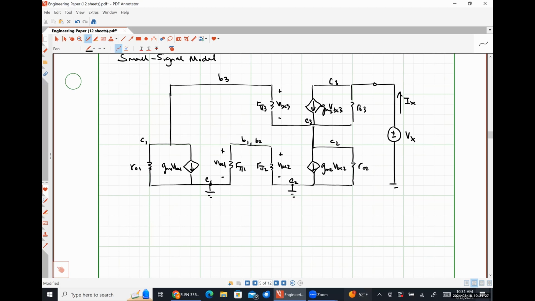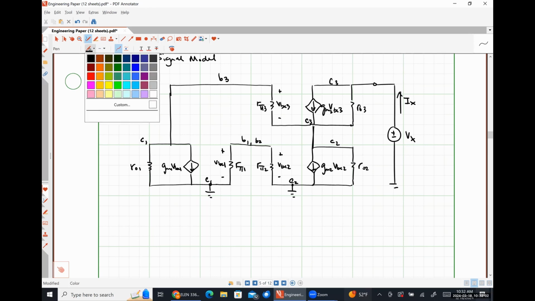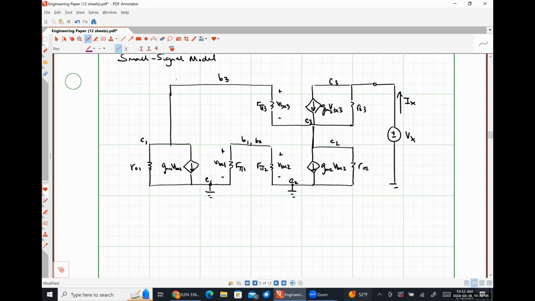Okay. So I'm going to label a couple of currents here. We're just trying to sort out what's going on because, like I said, this is pretty large and gross, right? So our test current IX is going to flow into the collector of transistor 3. It's going to split between that dependent current source GM3, VBE3, and that resistance R03 before recombining at that node C3 that I have labeled. And then it's going to split up again. So let's call this current that flows this way I1.